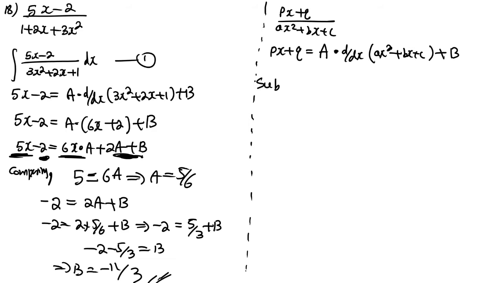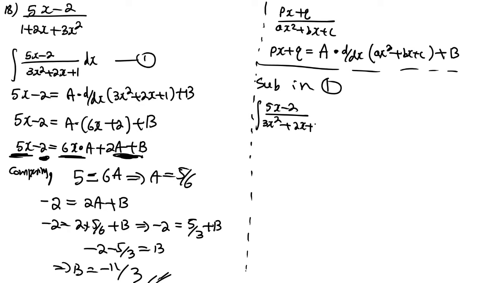Substitute this in equation 1. Integration of 5x minus 2 by 3x square plus 2x plus 1 into dx is equal to integration of, how to write 5x minus 2?